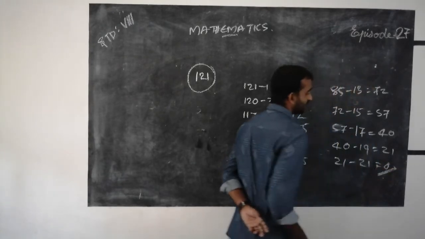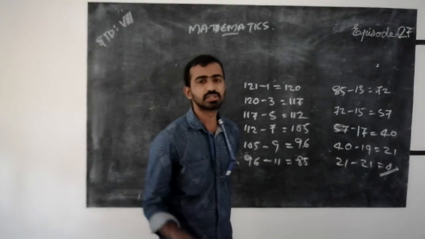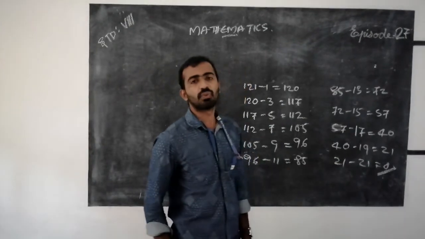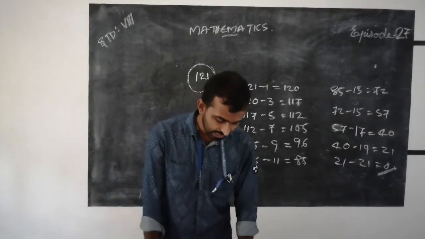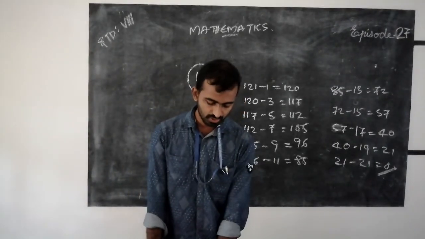So we get 0, that is, 121 is a perfect square.